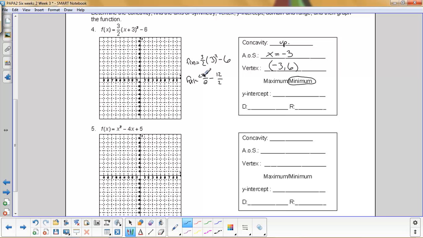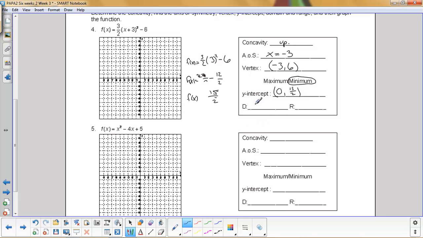I apologize for that, because it's 9 times 3, which is 27. So that's going to be f of x equals 15/2, which is 7.5. So your y-intercept is 15/2, like so.